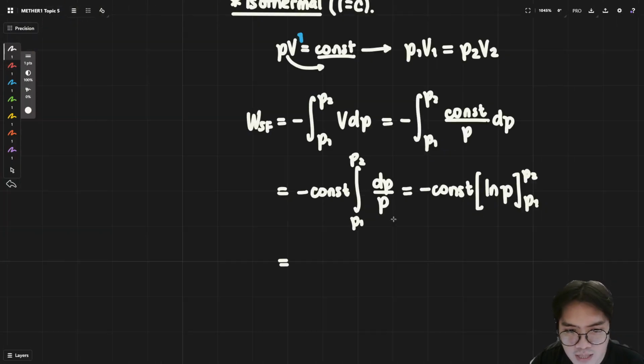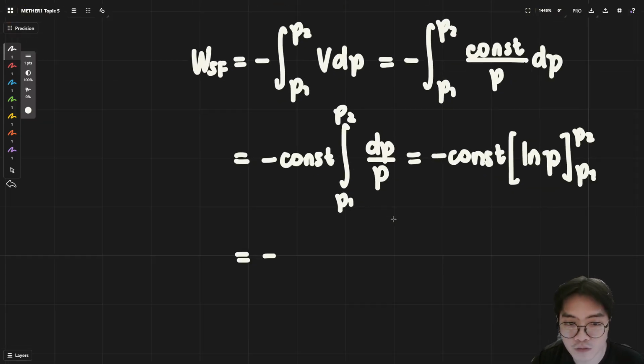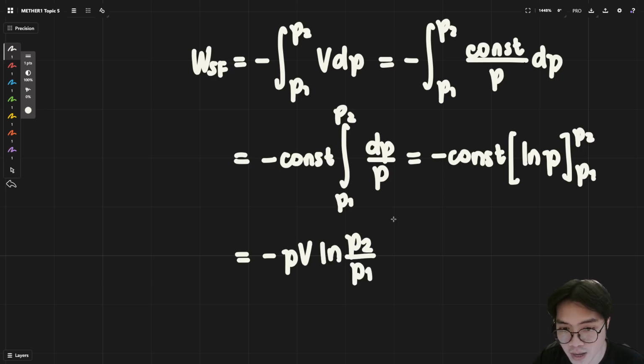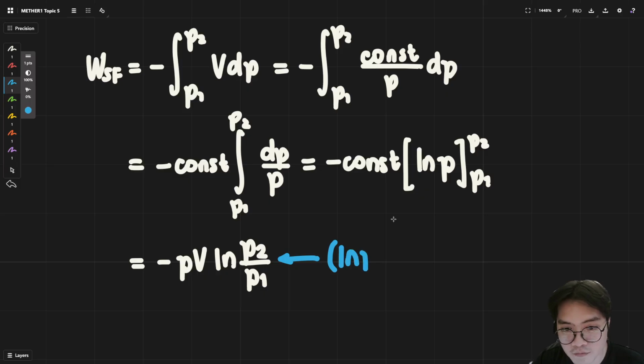And you say, oh, this is my new formula. My new formula is now negative constant. If you remember what a constant is, that is just going to be either P1 V1 or P2 V2. Let's just write it down again as negative PV and then ln P2 over P1. For those who are a little bit confused, this is just ln of P2 minus ln of P1.